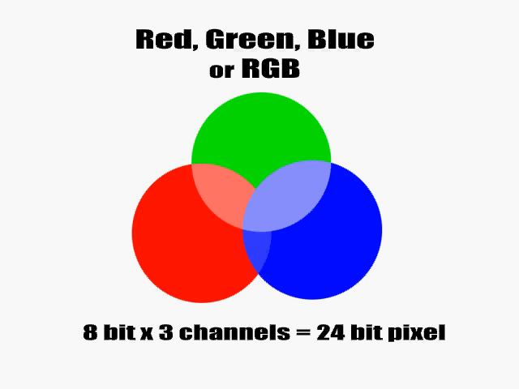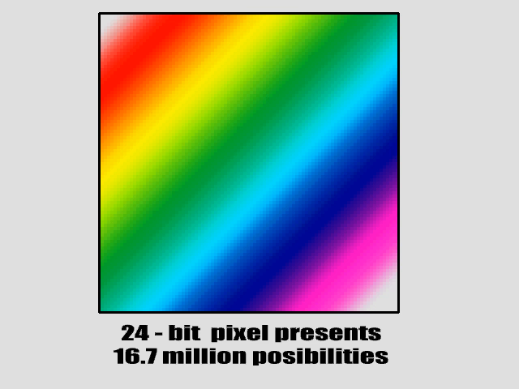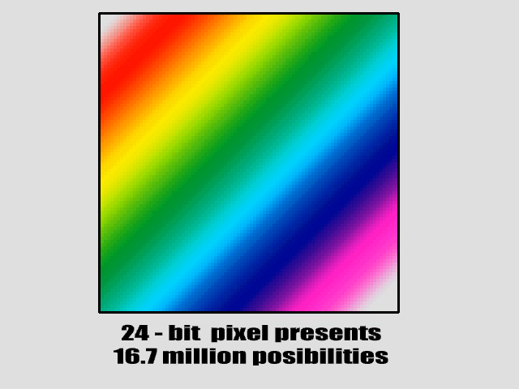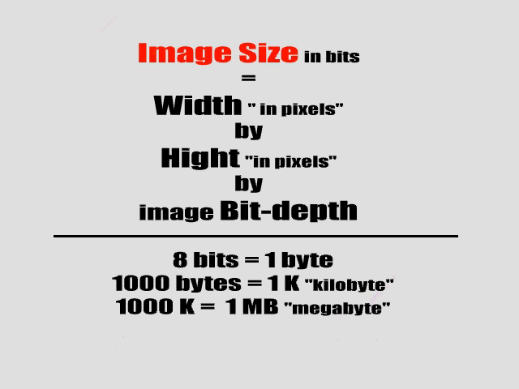A red, green, blue, also known as RGB pixel, has the color depth of 24 bits to represent 16.7 million possibilities of color. The amount of data, or the file size of an image, is controlled by two factors: the number of pixels per inch and the pixel color bit depth.